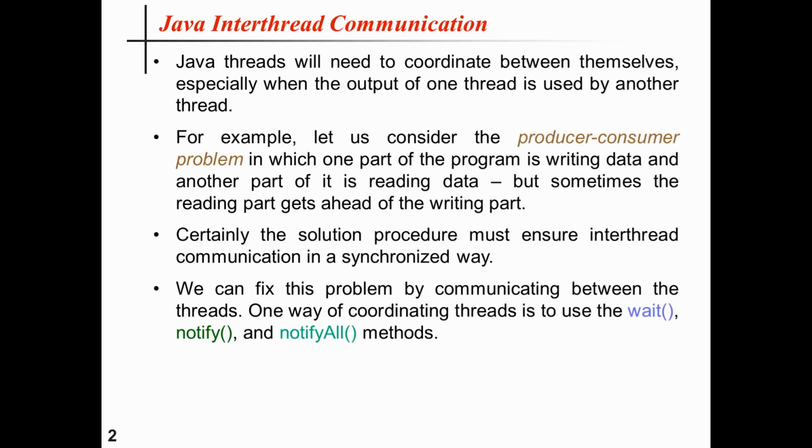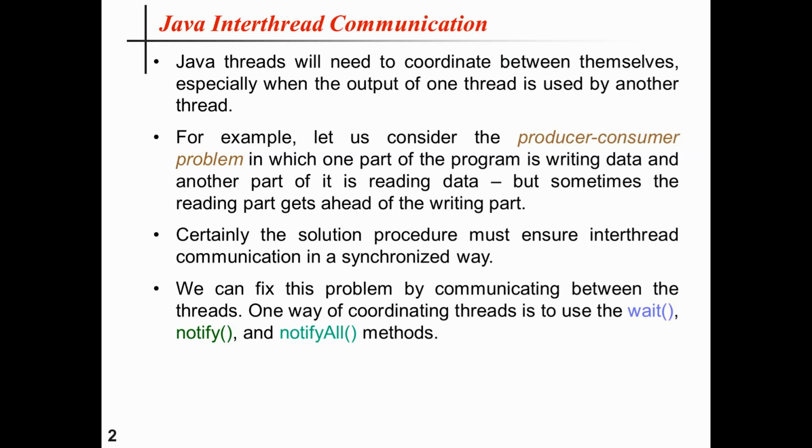Frequently, Java threads will need to coordinate between themselves, especially when the output of one thread is used by another thread. For example, let us consider the classical producer-consumer problem in which one part of the program is writing data and another part of it is reading data.